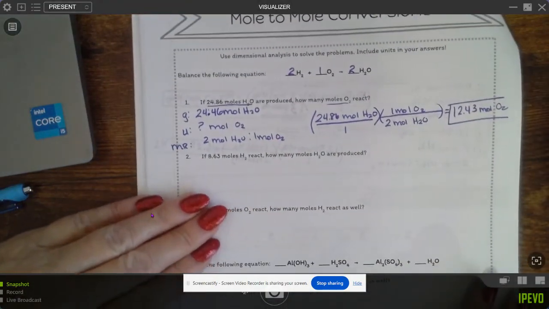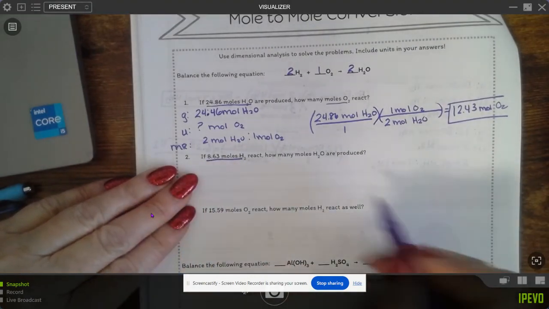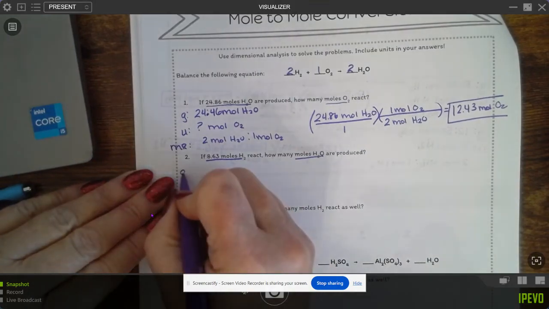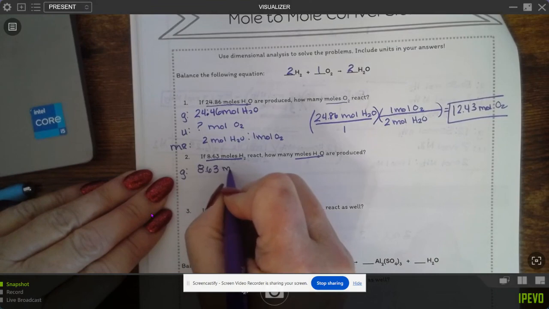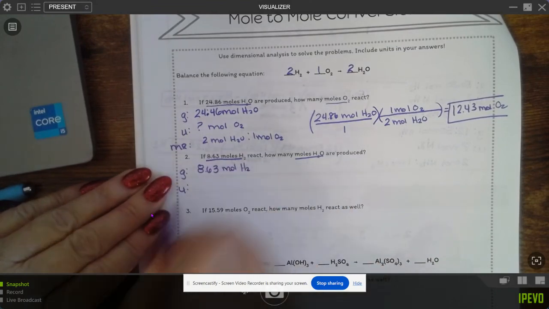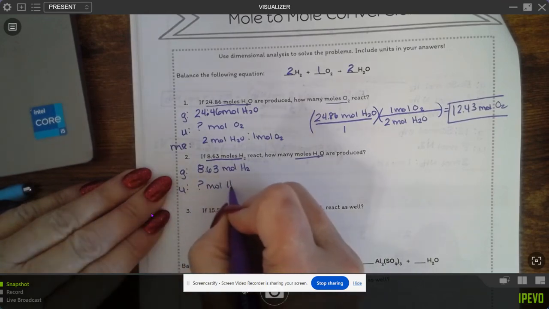Number 2, if 8.63 moles of H2 reacts, how many moles of H2O are produced? So my given is 8.63 moles of hydrogen, and I'm looking for how many moles of H2O.